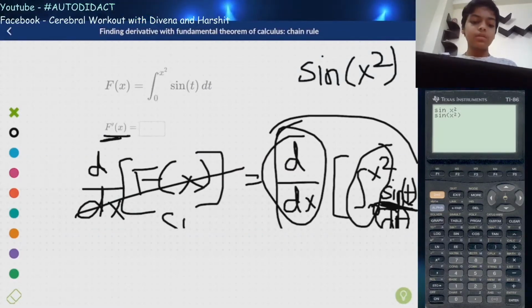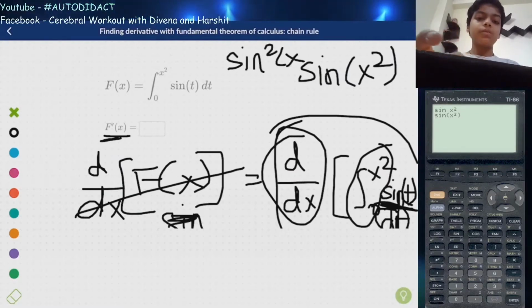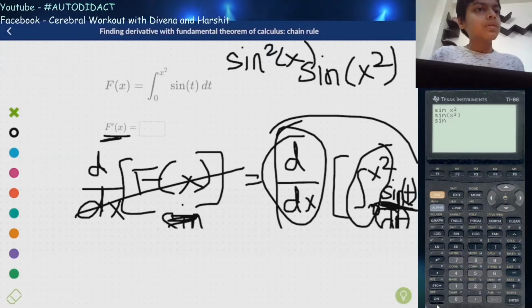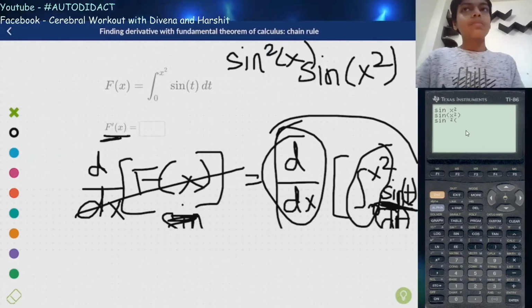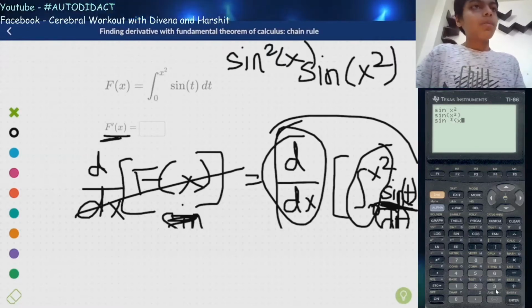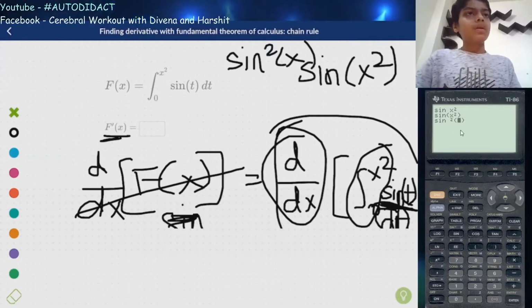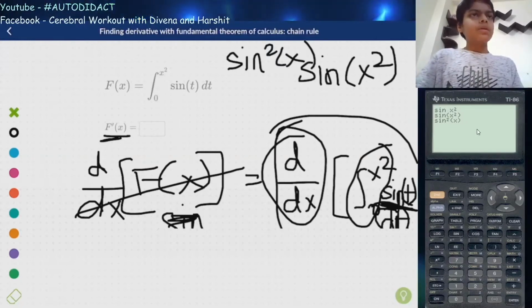With sine of x squared, the brackets come in first, followed by x squared, and we close the brackets.